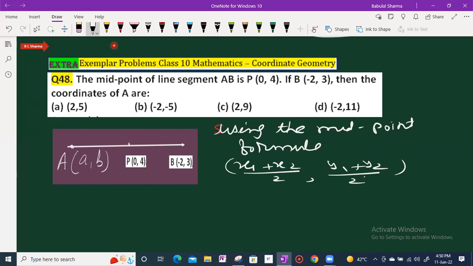Here that is (a minus 2) by 2 and (b plus 3) by 2.